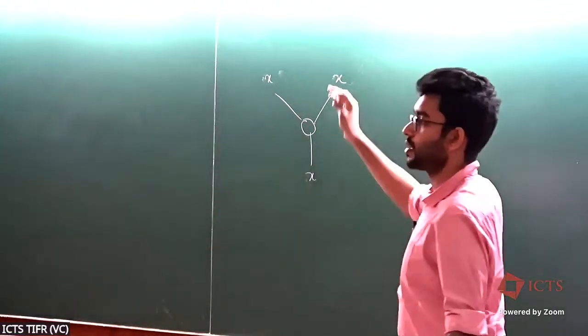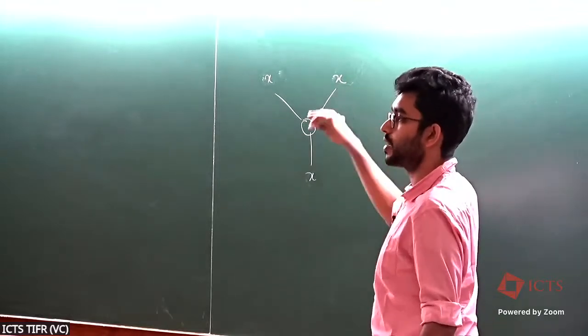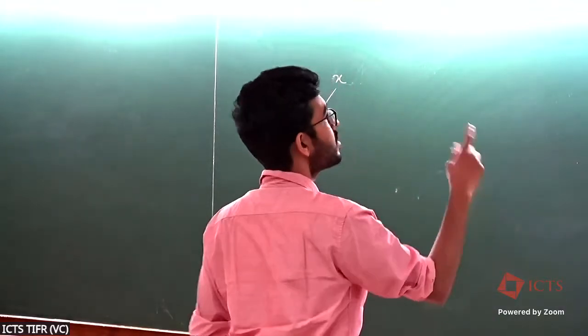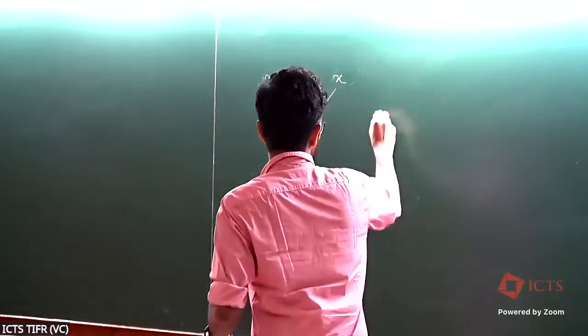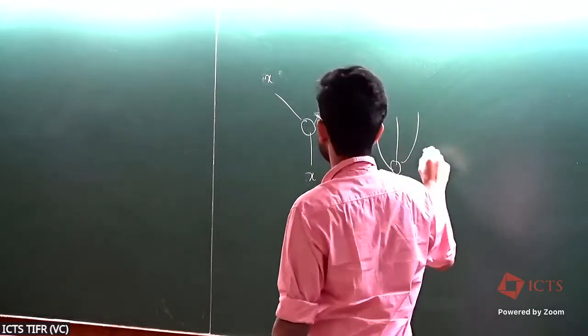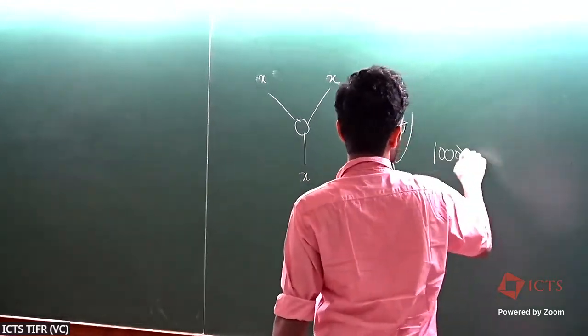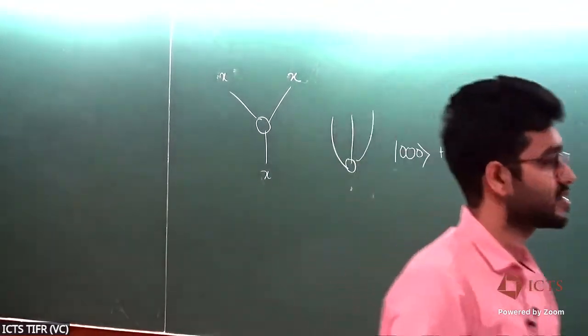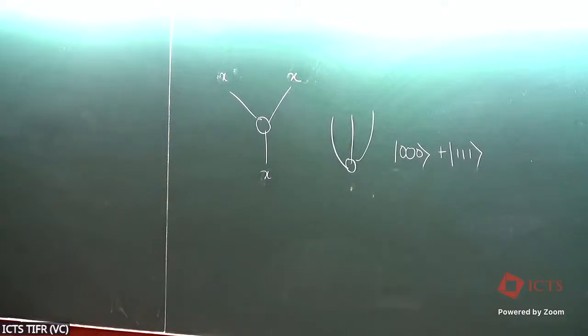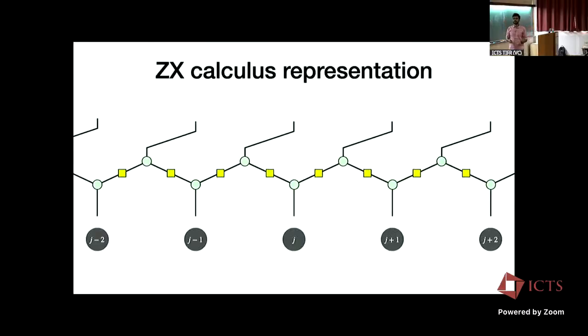For 0, it will copy 0. For 1, it will copy that. Same for the upside down, you can copy in the opposite direction. And then if you pointed everything up, that would be the GHZ state. That's why it's called the GHZ tensor. And then the yellow box is the Hadamard, which squares to 1 in this case. Okay. So that's the ZX calculus representation for Kramers-Wannier.